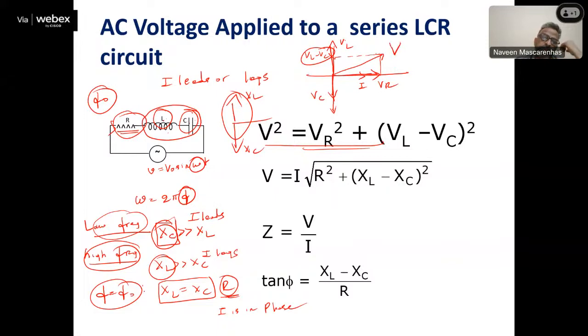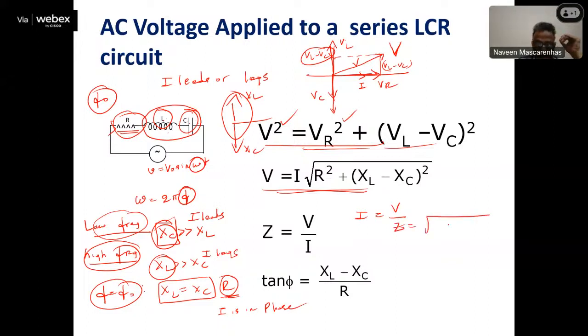What is the relation between this V, VR, and this much, VL minus VC? So that is here, Pythagoras theorem. V square is equal to VR square plus VL minus VC the whole square. And that gives me this equation, which gives me I is equal to V by Z, no?